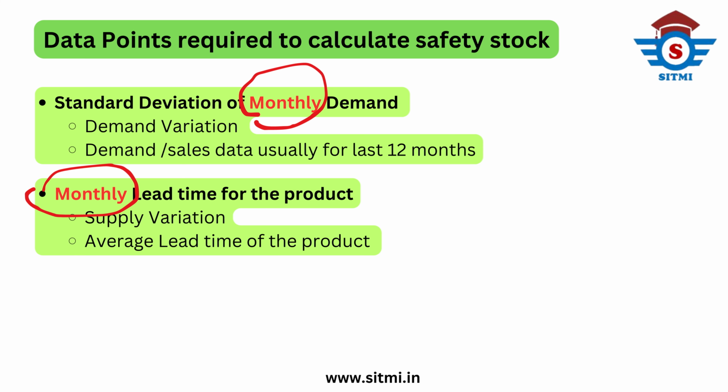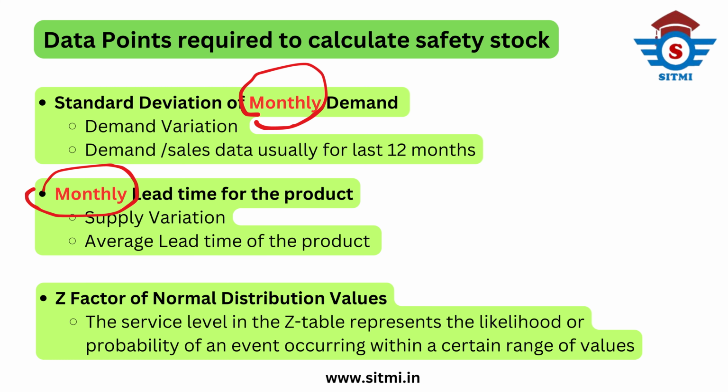The third data point that we need in our safety stock calculation is the Z factor of normal distribution values. So what is this Z factor? The Z factor is basically the service level in a Z table, which represents the likelihood or probability of an event occurring within a certain range of values.